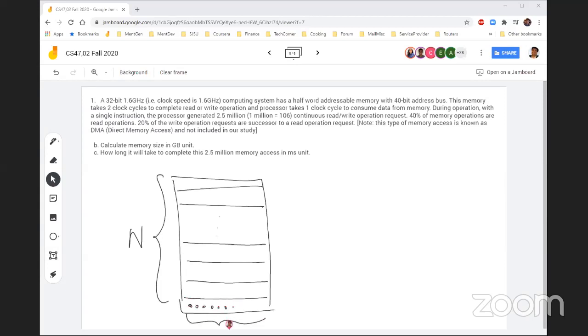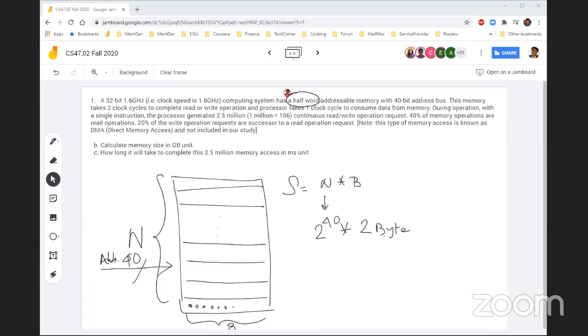Let's say it is B. So your size is really N multiplied by B. In this problem, it says I have a 40-bit address bus, so now N becomes 2 to the power 40, and B is 2 bytes because of this half word.